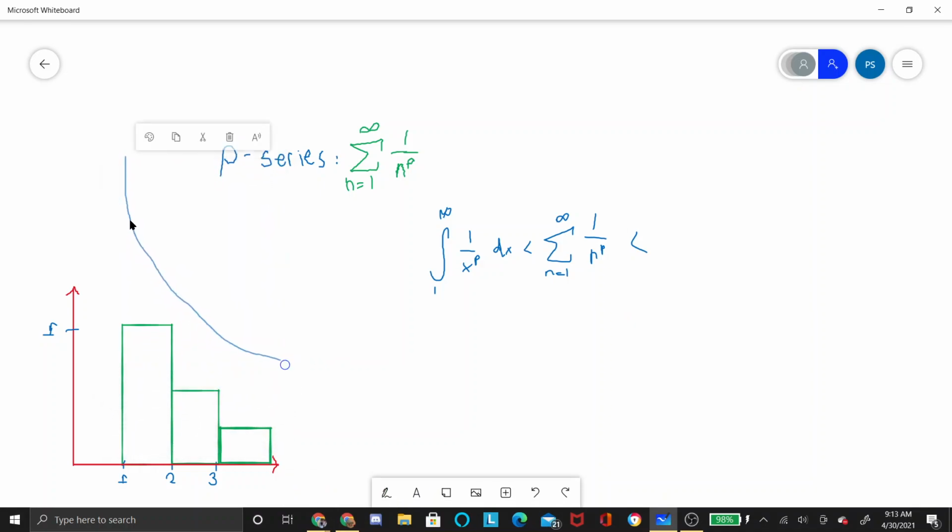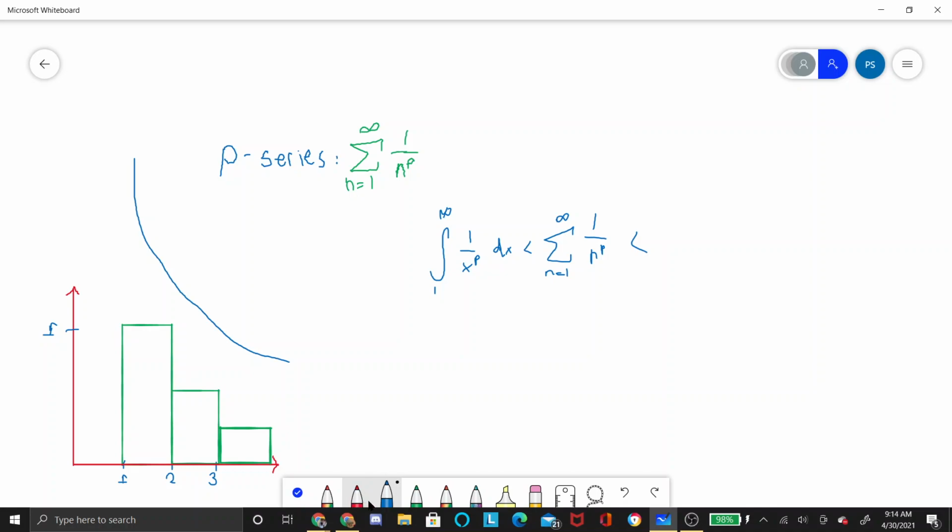If we add 1 to 1 over x, before, 1 would be equal to 1, but now it is equal to 2. 2 would be equal to 1 half, but now it's equal to 1 half plus 1, so 3 halves. So our graph is now moved up 1, and it's now totally greater than our series. And it actually doesn't matter what value p is, as long as it's positive, adding 1 to that function will always make it greater.